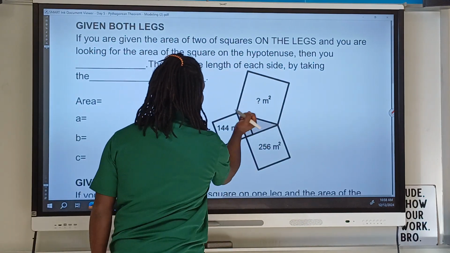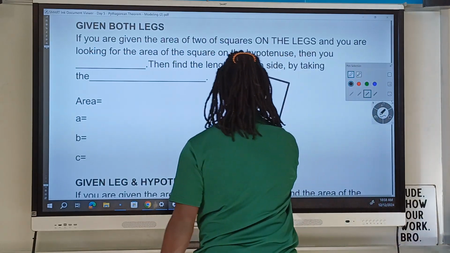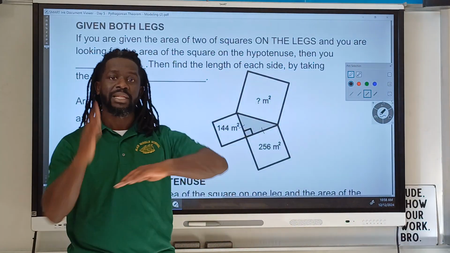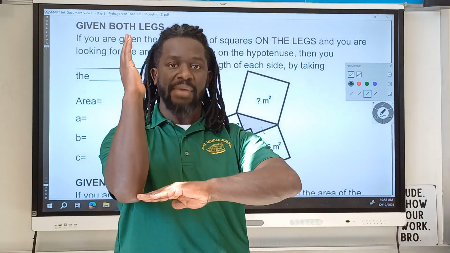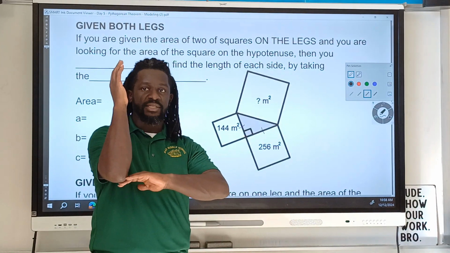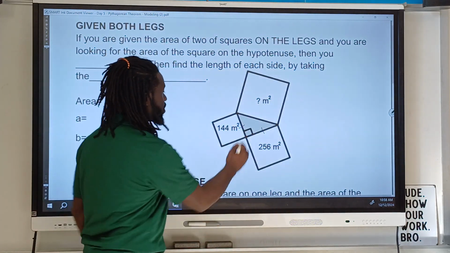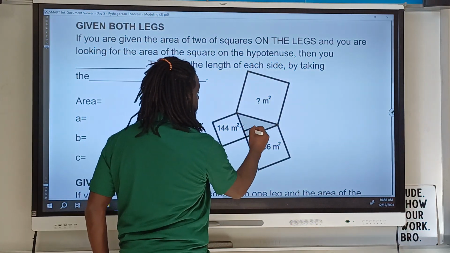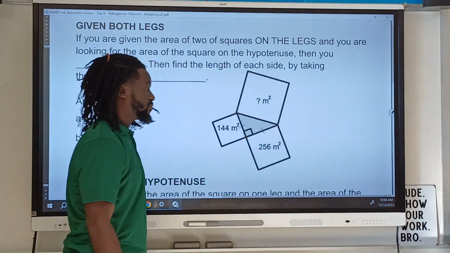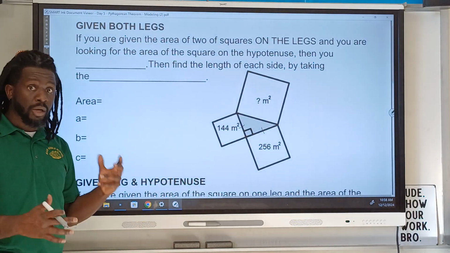And now, remember, I know that these are legs because the 2 legs are what make the right angle, okay? So the 2 sides that form the right angle, those are the legs, while what's across from the right angle is the hypotenuse. Okay, so that's how I know these are both along the legs.